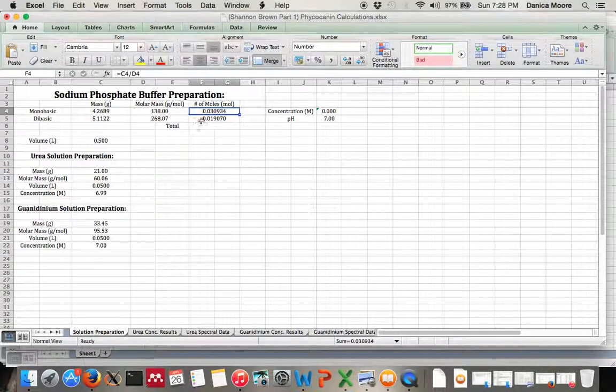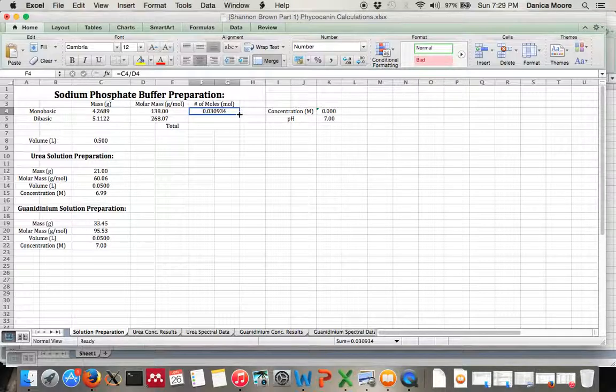Now I could easily go through and write the same formula again for this one, but I don't actually need to. And here's why. This little black plus sign that you see when I come into the corner here, if I click and drag it down, it will give me the same formula in here. So let's take a look what happens when I delete this one.